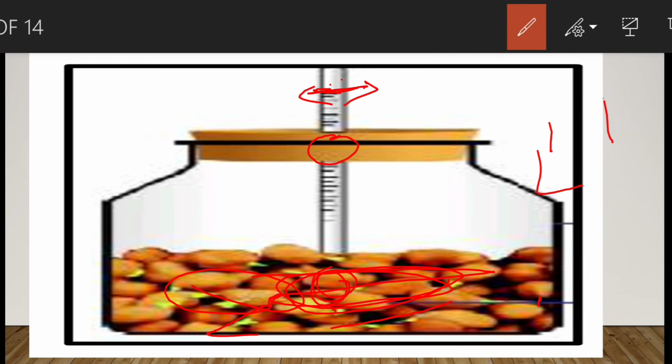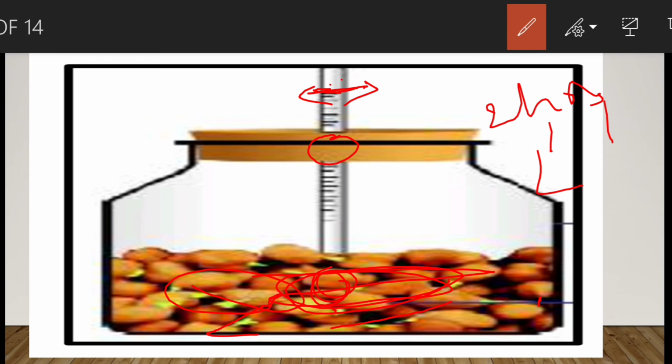So for these 2 sets, what can we observe here? We note the temperature every 2 hours up to 24 hours. Then what will happen? Can we observe any increase in the reading? Yes, we can observe an increase in the reading.